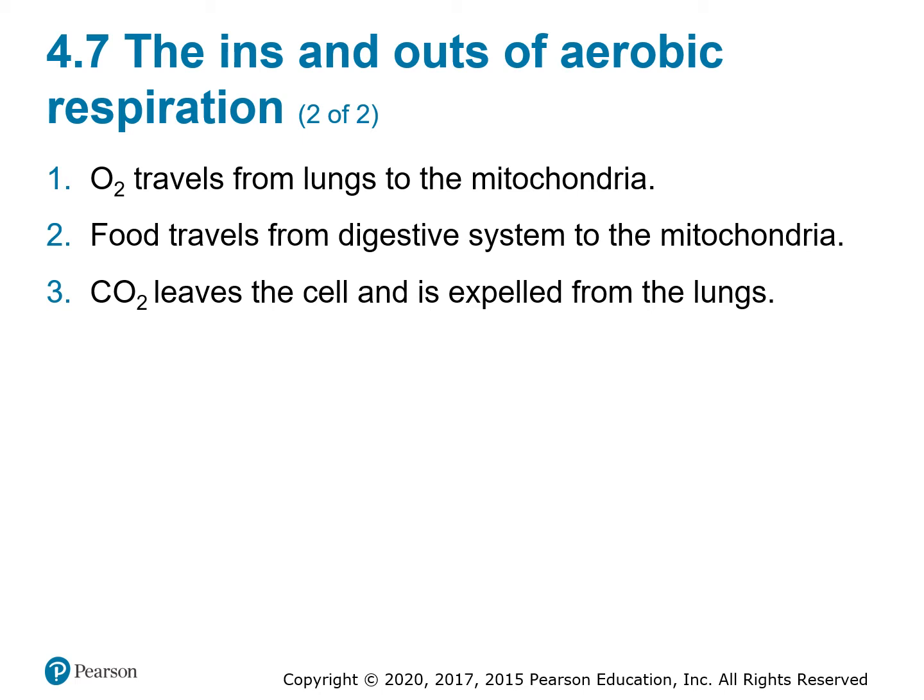So the ins and outs of aerobic respiration: oxygen travels from the lungs to the mitochondria. Food travels from the digestive system, via the esophagus, stomach, and small intestine, and then the circulatory system to the mitochondria.